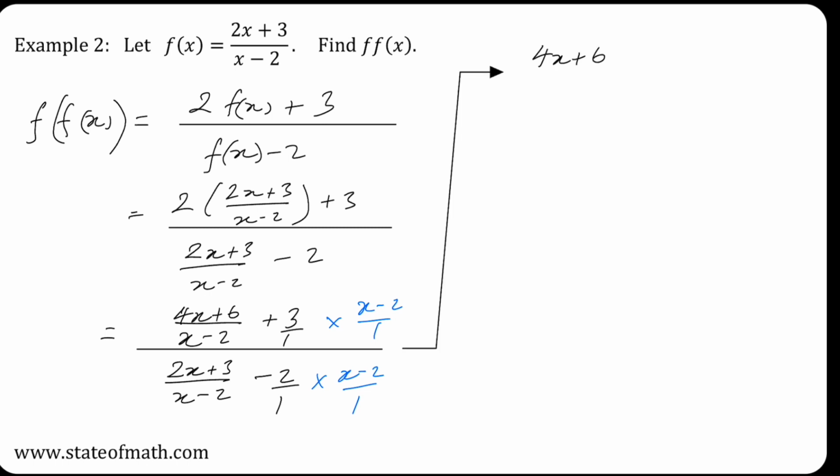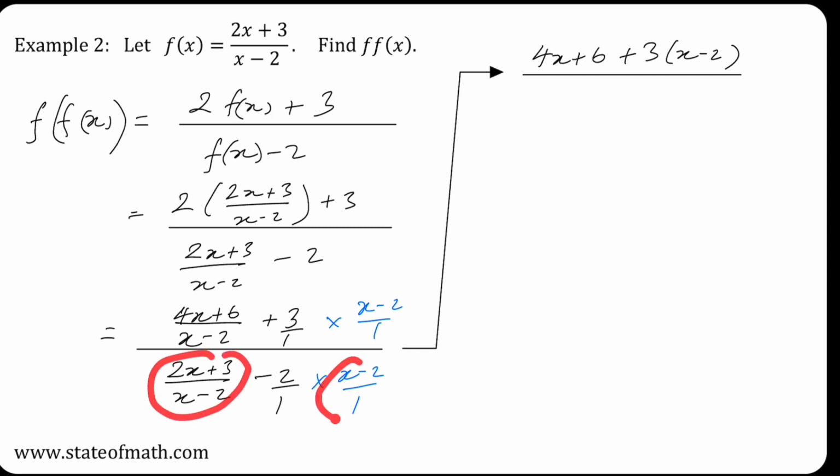4x plus 6, and when you multiply this by the blue one, the x minus 2 will cancel out, and then I'll get plus 3 times (x minus 2), and this will be over. Similar situation, multiply this fraction by the blue one, the x minus 2's cancel out, so I get 2x plus 3, and then I get the minus 2 times the blue fraction. Now let's simplify.